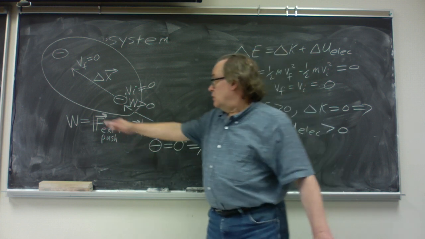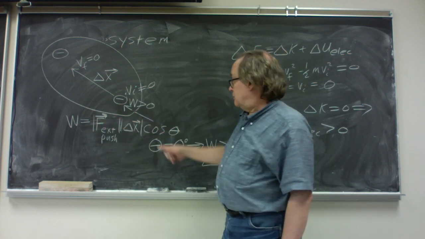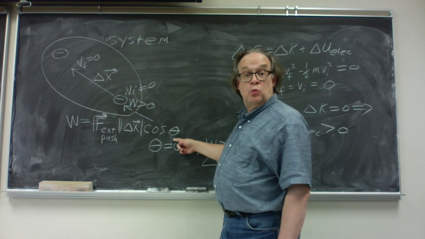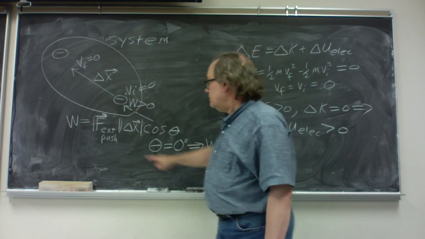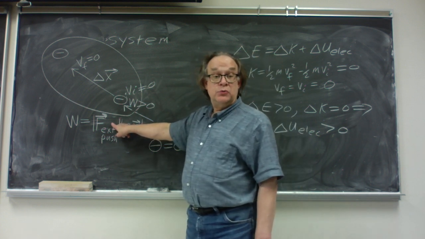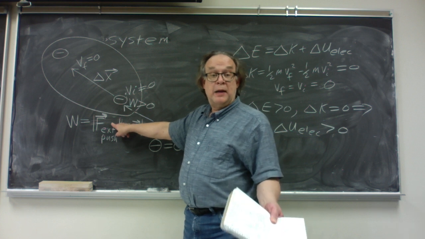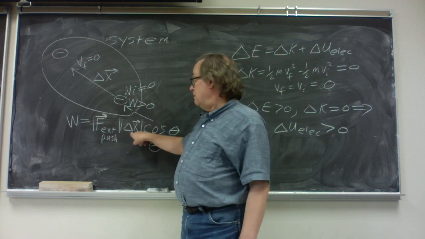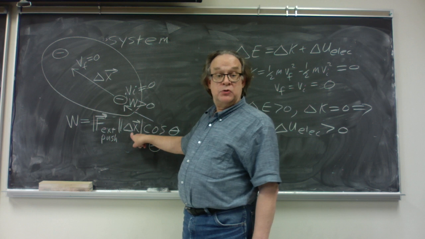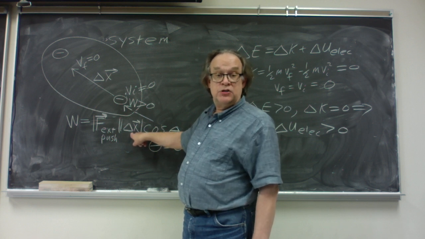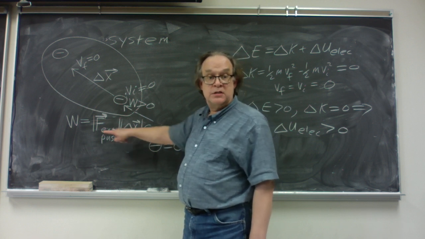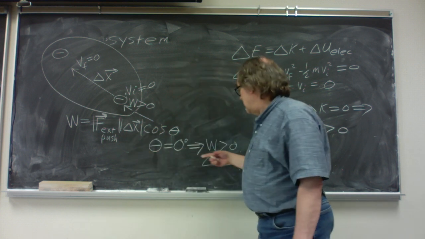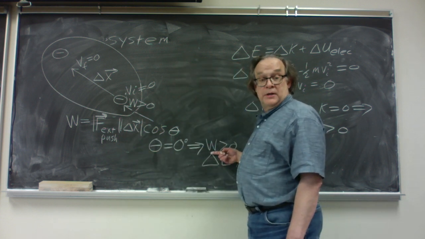So the work done is positive. This number is positive 1. This is a magnitude. By definition of magnitude, it must be a positive number. And this also is a magnitude, so by definition it must be a positive number. All three factors are positive, so the work done is positive.